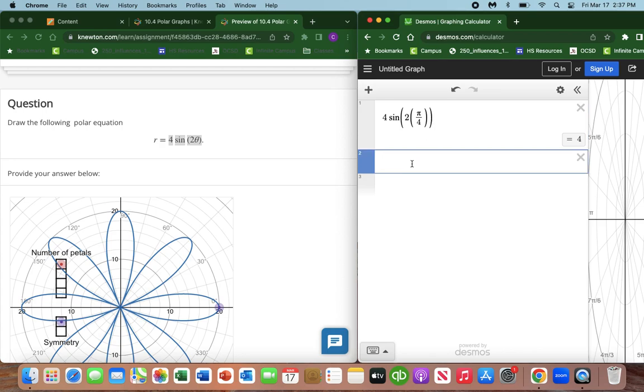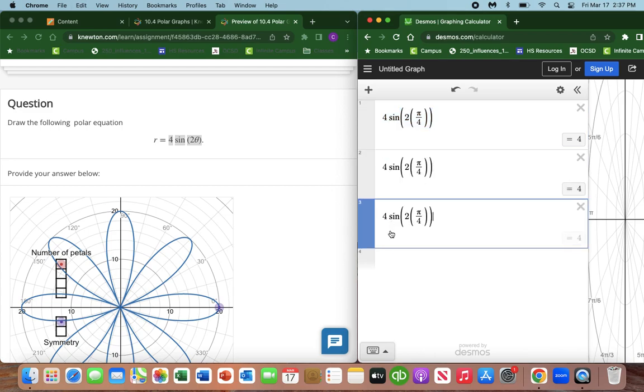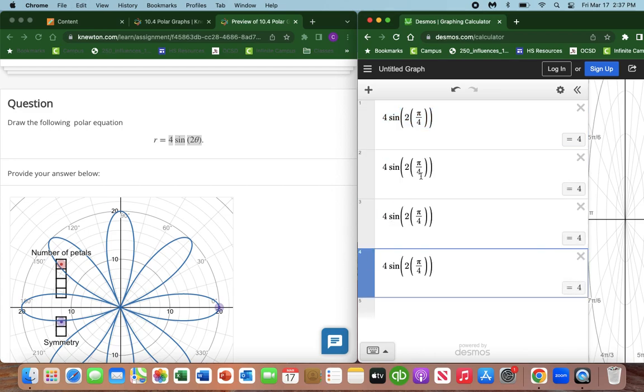And then I'm going to do the same thing. So I'll copy that. Remember I said I had 4 petals. So I have 3 pi over 4 is one of my petals, 5 pi over 4 is one of my petals, and 7 pi over 4 is one of my petals. Because once I find the first one, which I said the radius is 4, I know I've got 3 other ones.